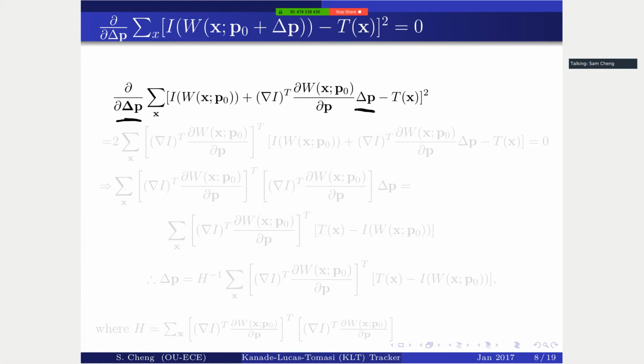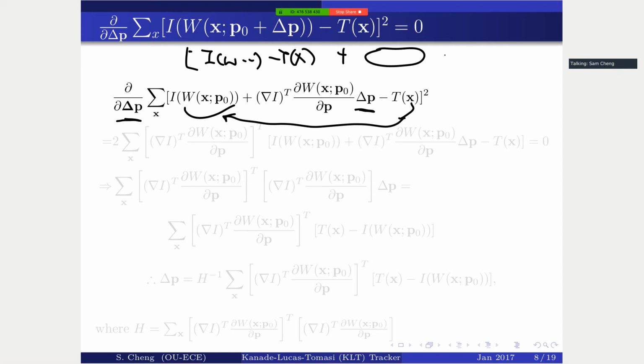It looks kind of complicated, but if you look at this, I can move this together. So I have I of W something minus T of x plus this something times delta P. So the whole thing is something like A plus B delta P, right?